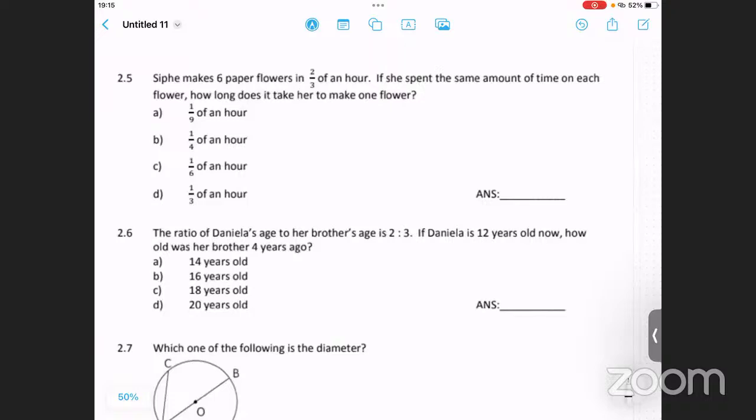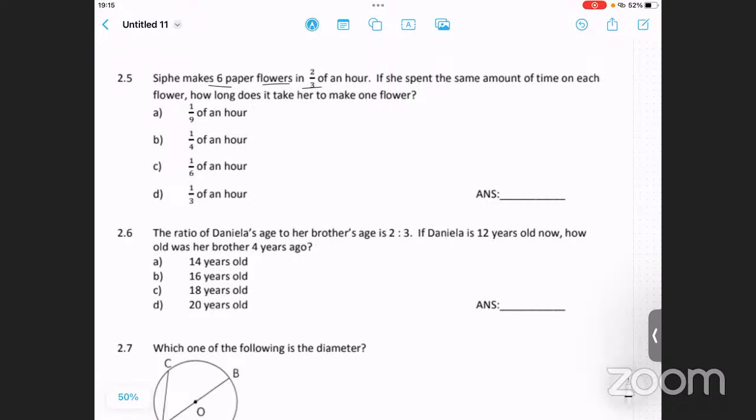2.5 says Sipe makes 6 paper flowers in 2/3 of an hour. If she spent the same amount of time on each flower, how long does it take her to make one flower?